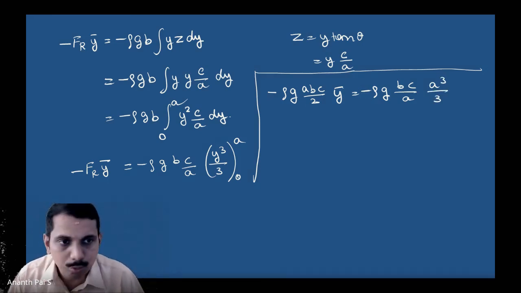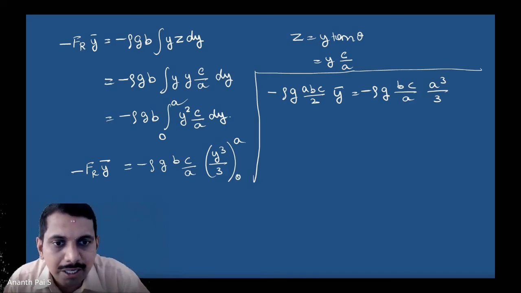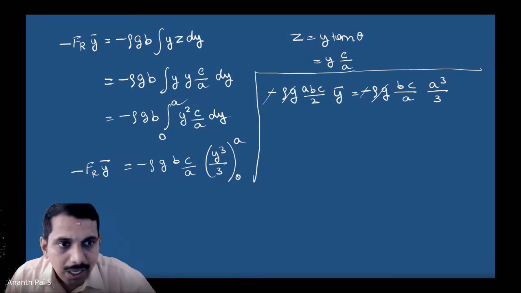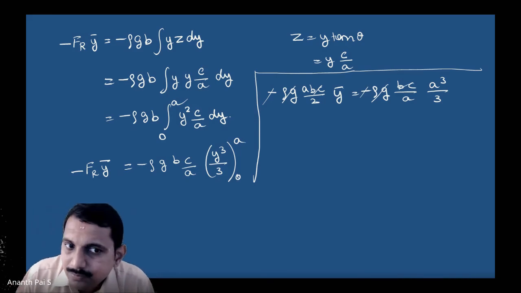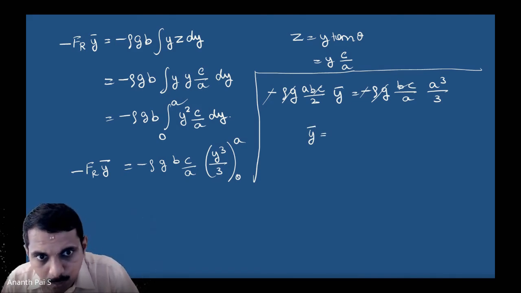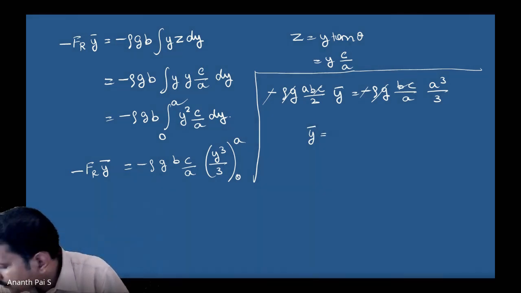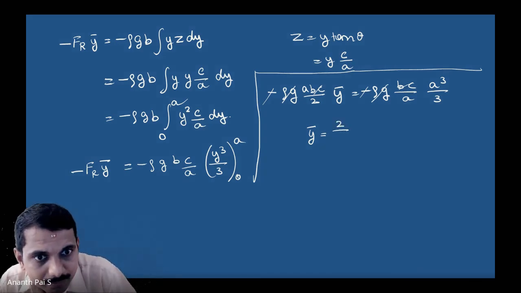So let us see what cancels what. Here rho g we can cancel, minus we can cancel, correct? A we cannot cancel, but BC we can cancel, and this A comes down here, so y bar I can write as 2 by 3.